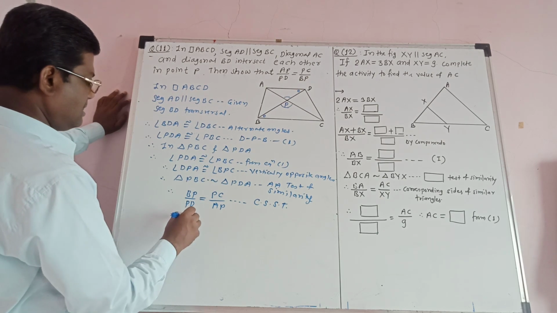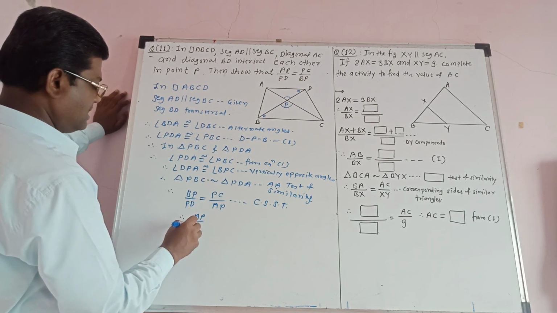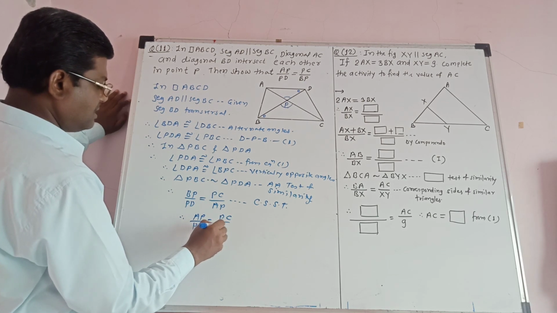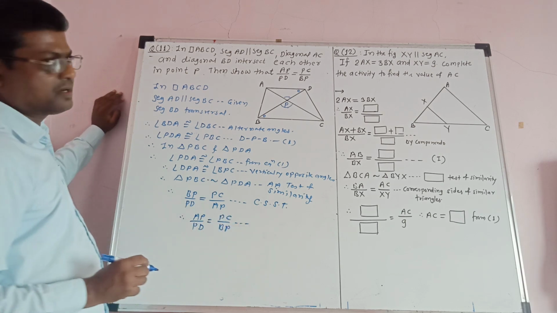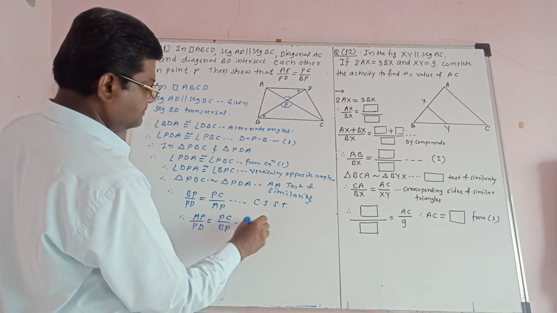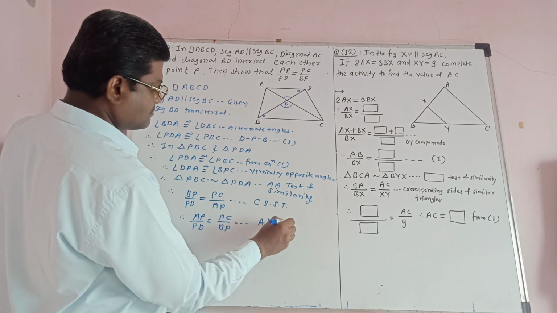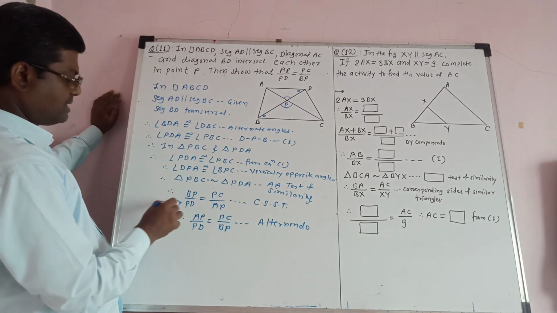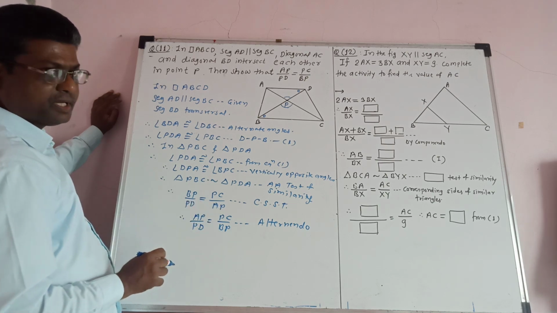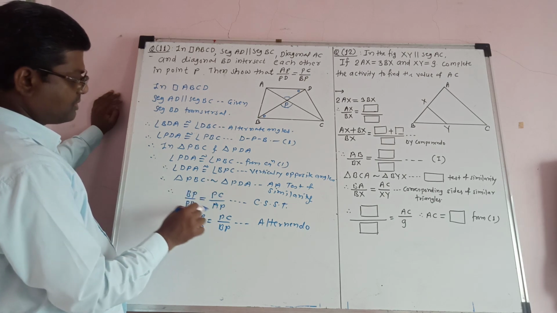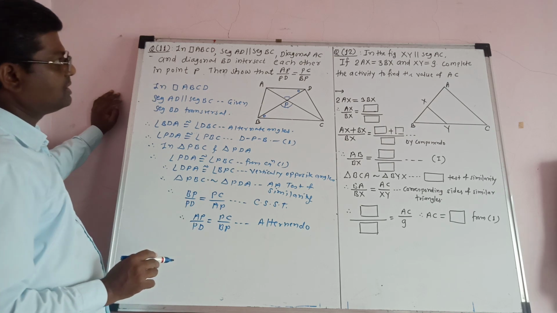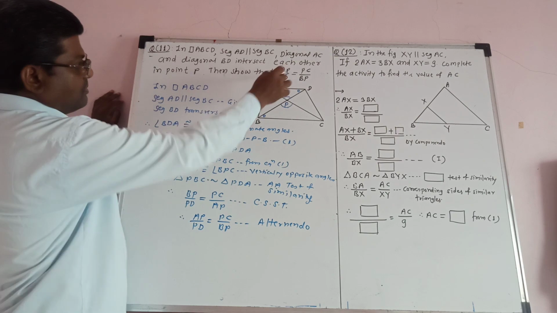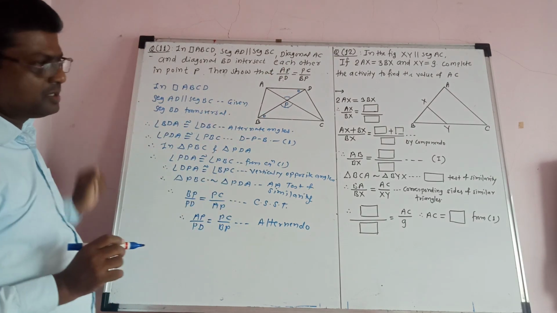Therefore AP upon PD is equal to PC upon BP. Reason is alternando. Ratio of denominators AP upon PD is equal to ratio of numerators PC upon BP. Therefore AP upon PD is equal to PC upon BP is proved.